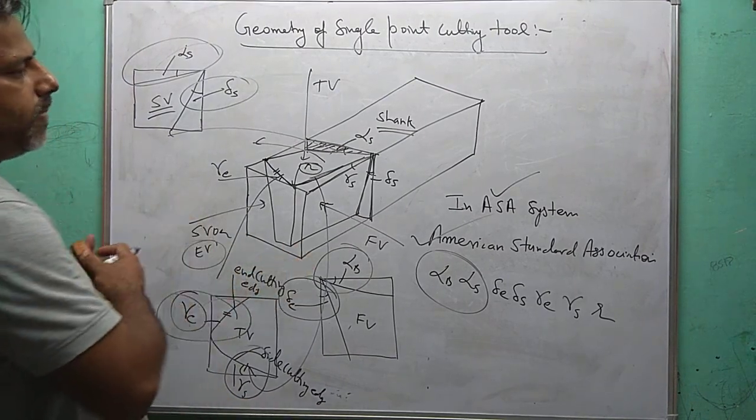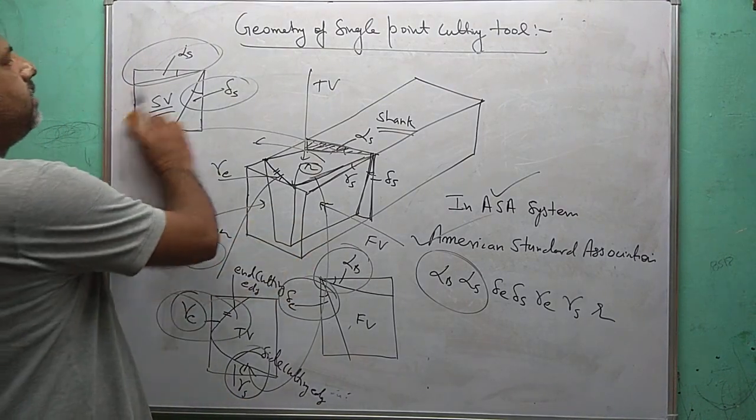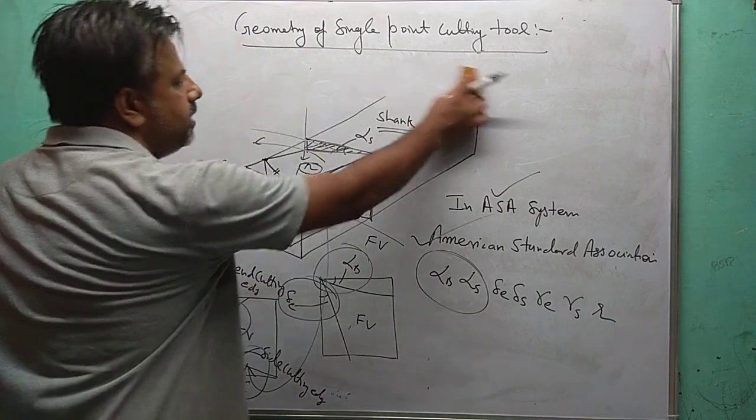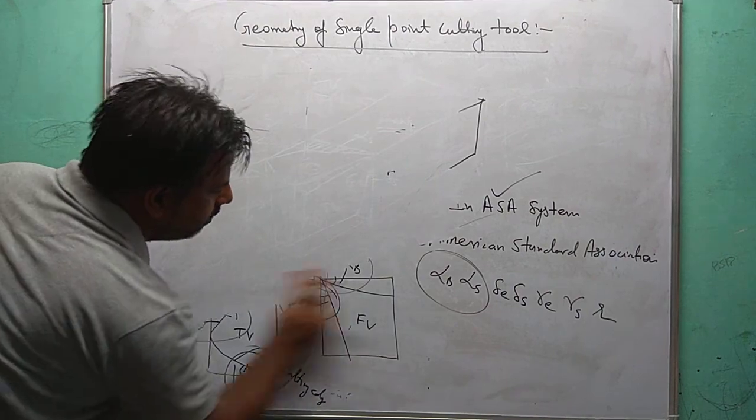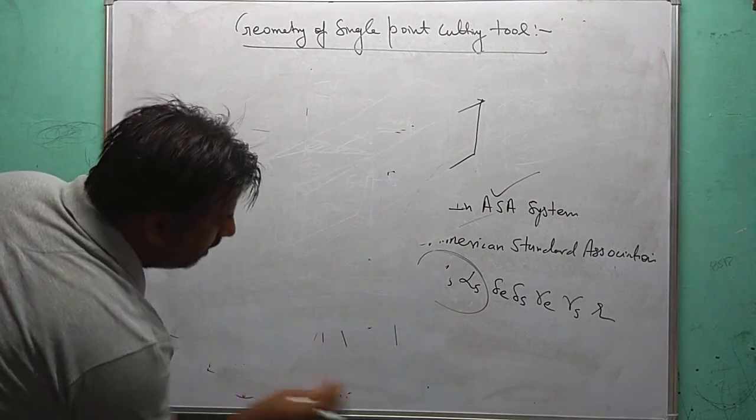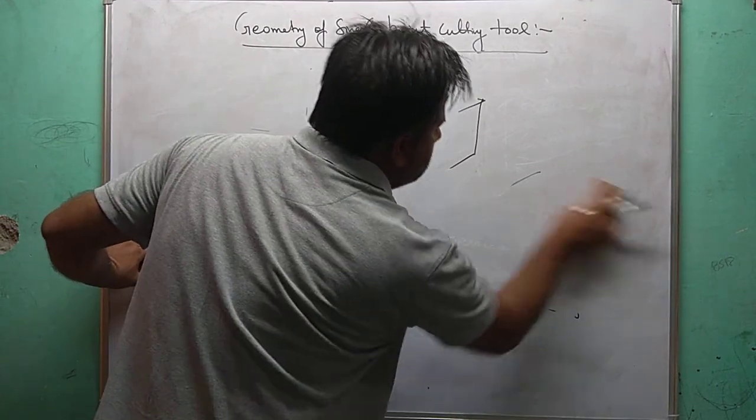Now the order of these angles including nose radius according to the ORS system, meaning orthogonal rake system, you may write like this.